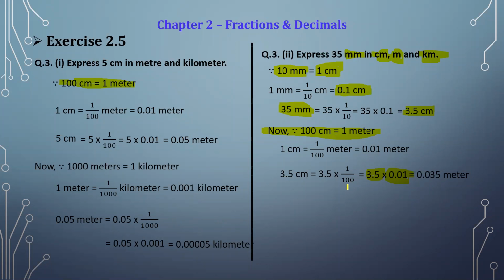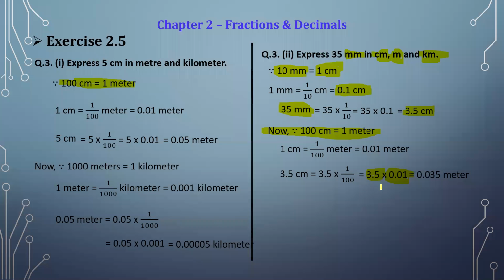Suppose we multiply 3.5 and 0.01. For a while we skip the decimal point, and assume the decimal point is not there.